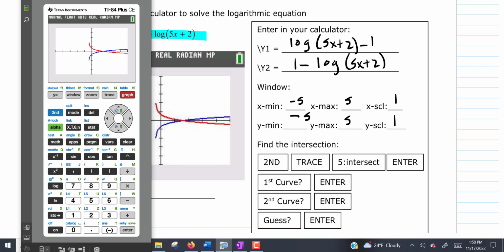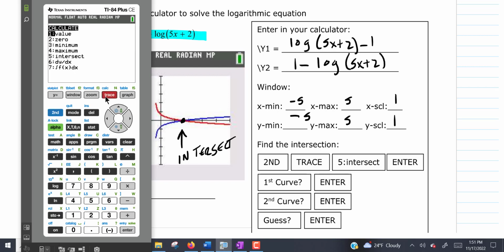So what you're doing on this to solve this equation is you're looking for this intersection point, and you just need to do the keystrokes that I gave you right here. Okay, so get your graph put in and then do exactly what I've got in these keystrokes. Go second trace, go down to option 5, and then press enter.